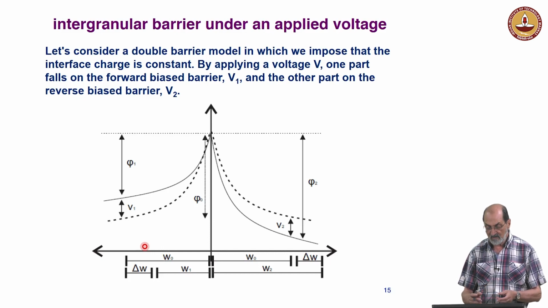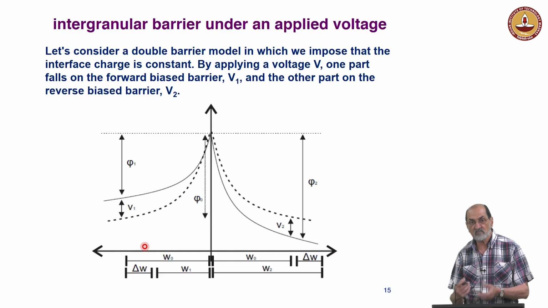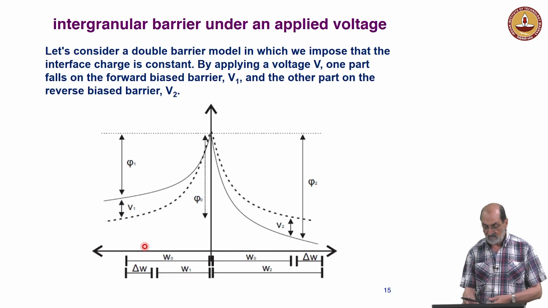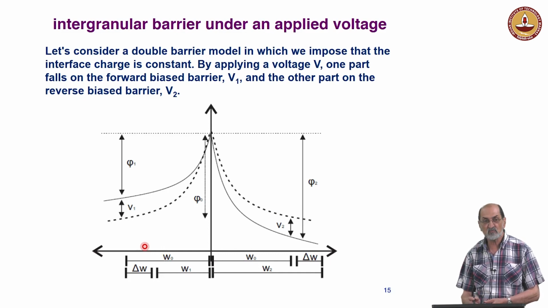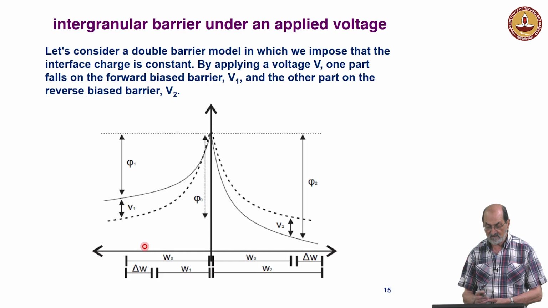So if we apply voltage and that voltage drops on the diode which is inversely biased, we have an inverse potential applied to it. In that case, we are going to have the capacitance due to one Schottky barrier, and that is known.